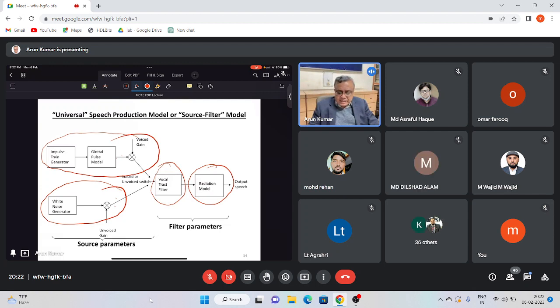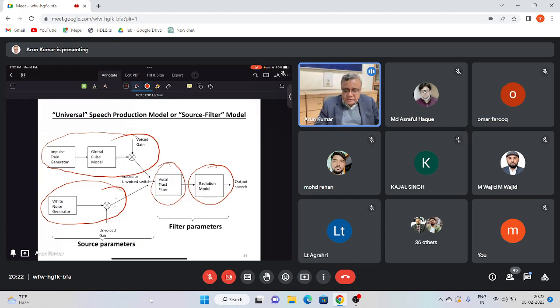But then you have the vocal tract and the lip radiation filters, and this kind of model is the basis for most telephony applications. When, for example, you do communication on your mobile phones, then the speech signal is modeled in terms of a speech production model, which is very similar to this model with some modifications.